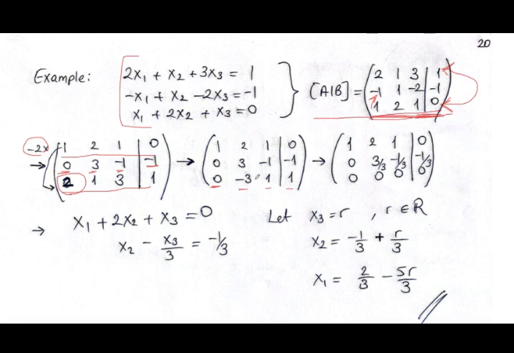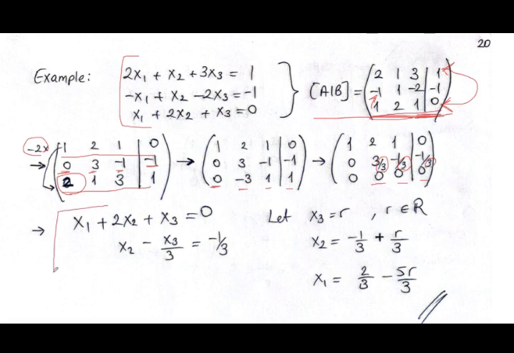As you see now, I can add the second row to the third one. So this will become 0, 0, and 0. And also you can simplify the second row by dividing with 3. If you divide everything by 3, then this is also becoming simpler.